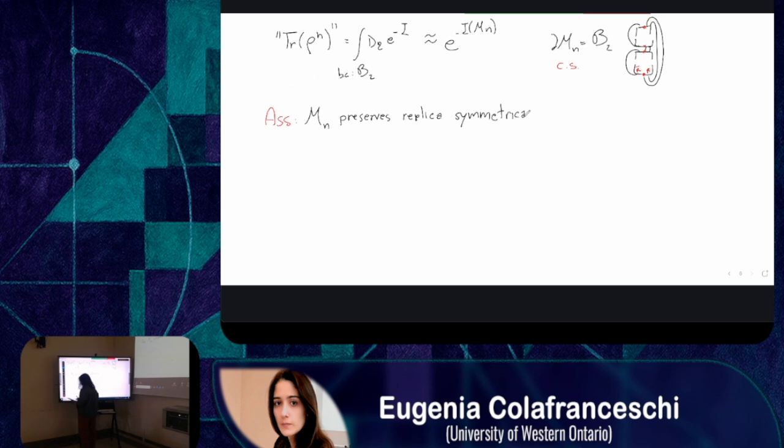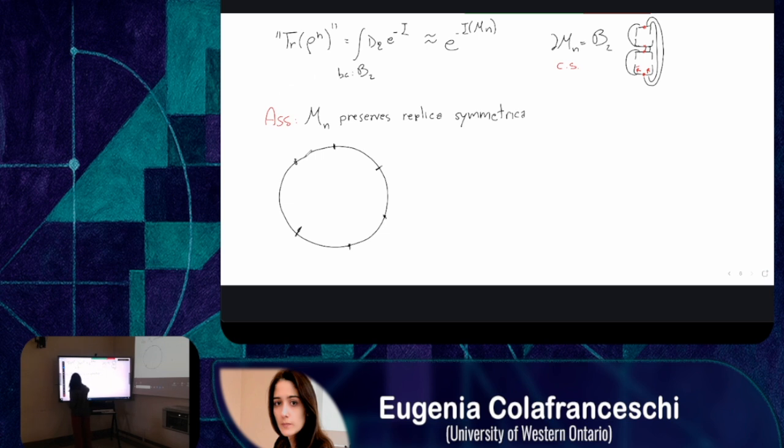So now we have the following. Again, it's like a cartoon. We have this circle, which is our boundary manifold, which has some replica symmetry. So we have all these segments which are equal to each other. And now we are assuming that the bulk preserves the same symmetry.